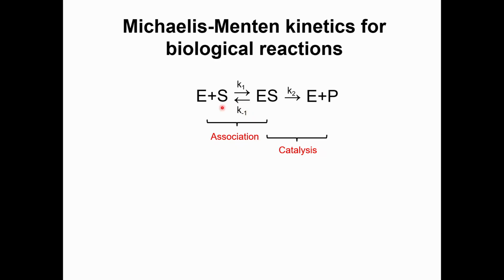But then this can also dissociate, and that's K minus 1. Once the enzyme-substrate complex is formed, there is another rate at which that substrate is catalyzed and changed into the products. So there's a two-step thing going on, whereas a drug binding a receptor is only a one-step thing. So that's a little bit different.